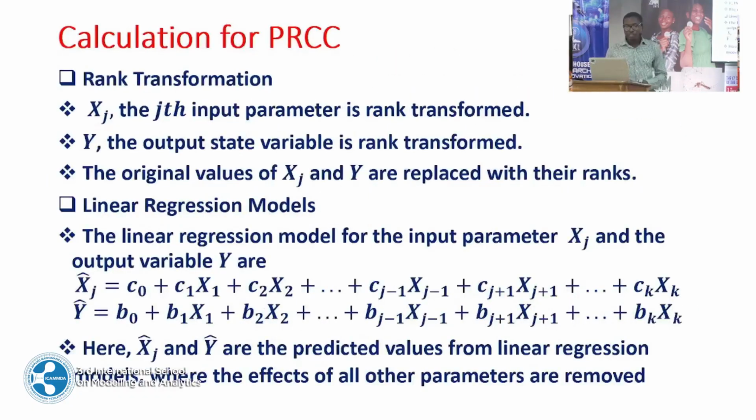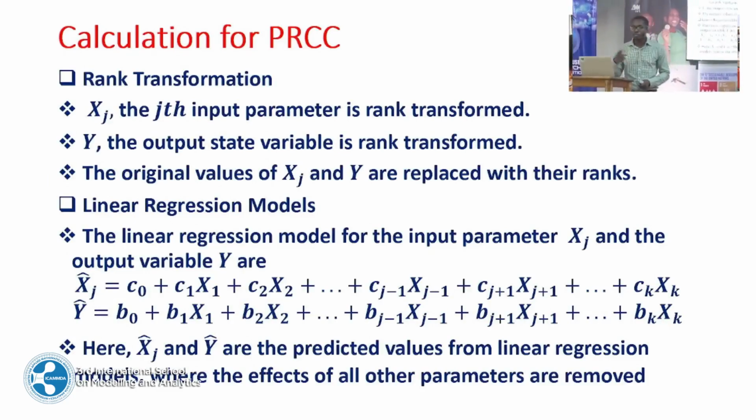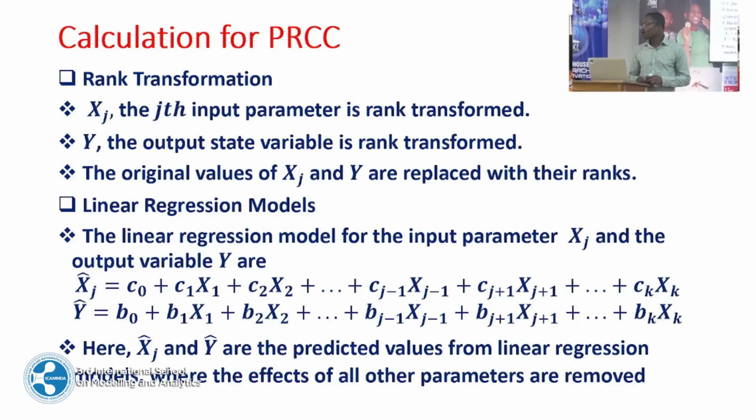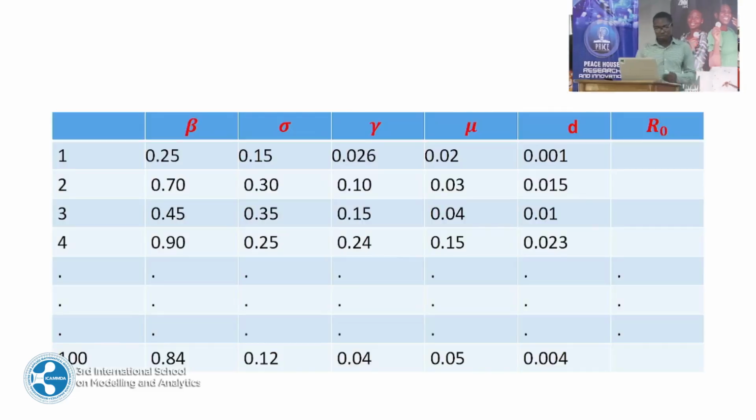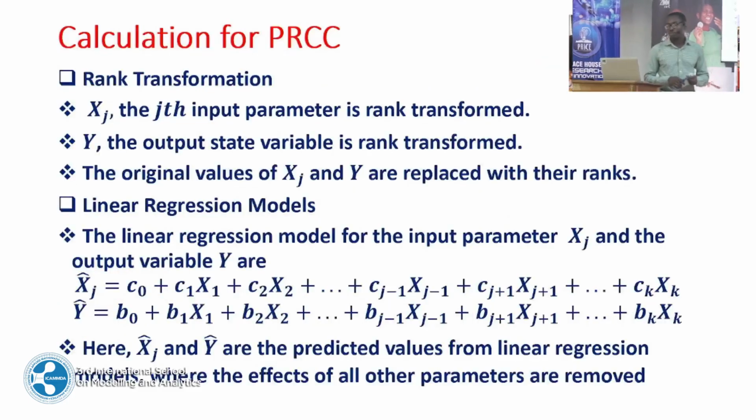So XJ, the jth input parameter. If I have X2, that will be the second what? So what is my second input parameter? Sigma. The second input parameter, sigma. Is that clear? So XJ, the jth input parameter, is rank transformed.